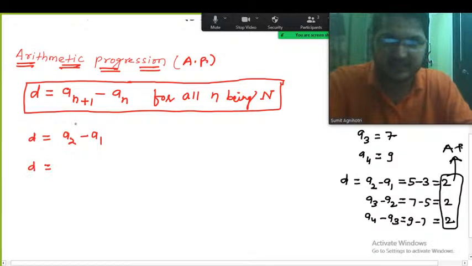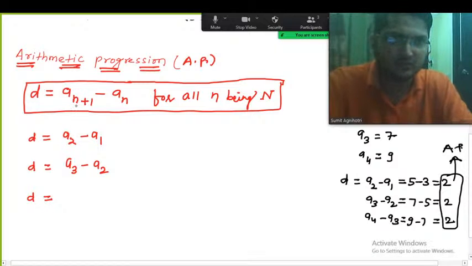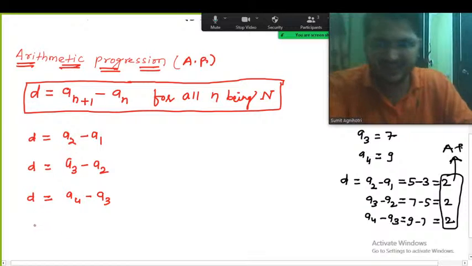Similarly, if we put n equal to 2, we have a3 here, and a2 here. If we substitute n equal to, let's say 4, we will get a4 minus a3. Similarly, you can proceed for any natural number.